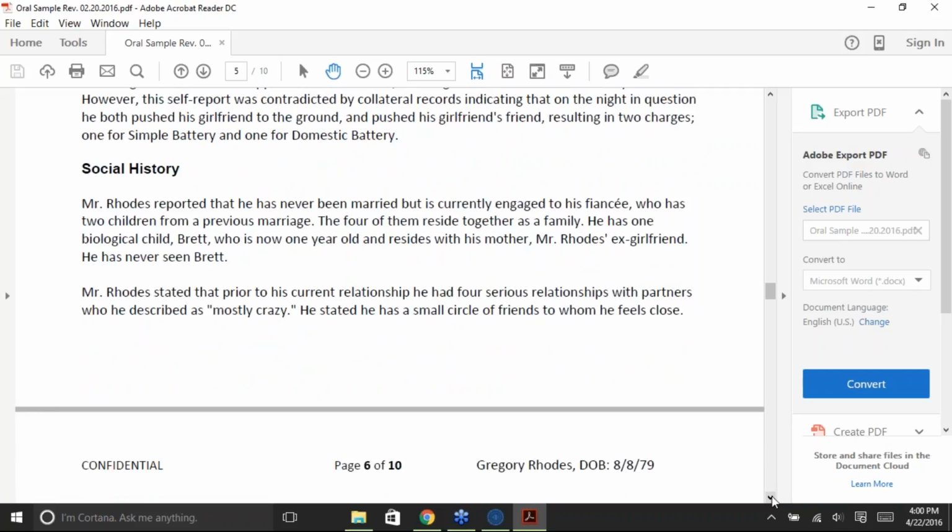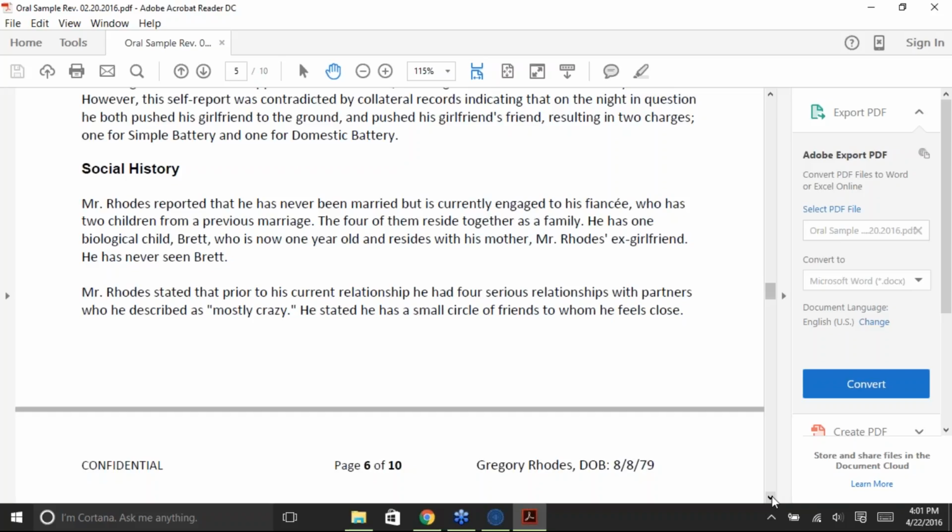He's minimizing how recently he drank and how often he drinks. He's minimizing what happened with these past events. I actually got a copy of his preliminary assessment from his previous treatment episode for anger management, and he admitted to a lot more in that interview than he did in the interview with me, because remember, in child custody cases, clients are highly motivated to engage in what we call positive impression management.